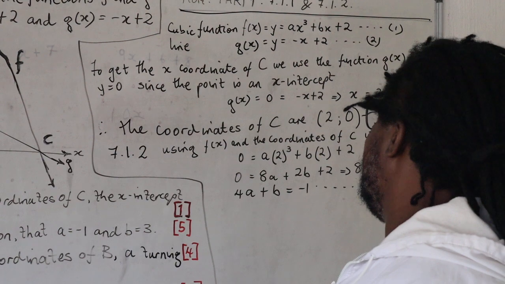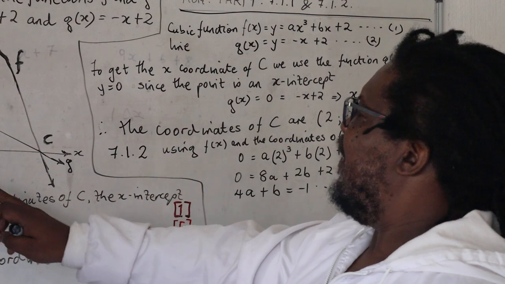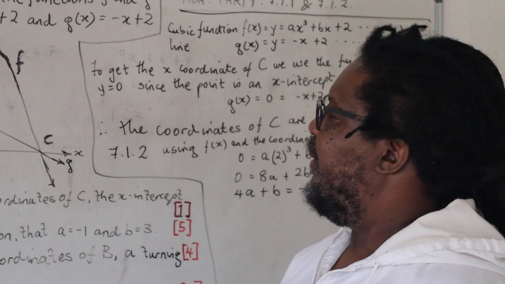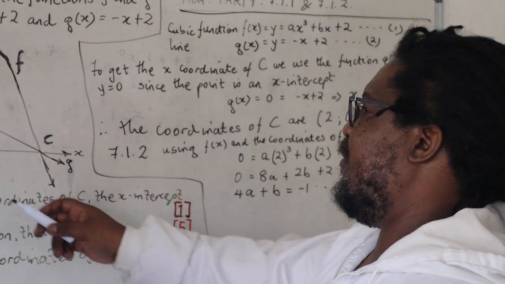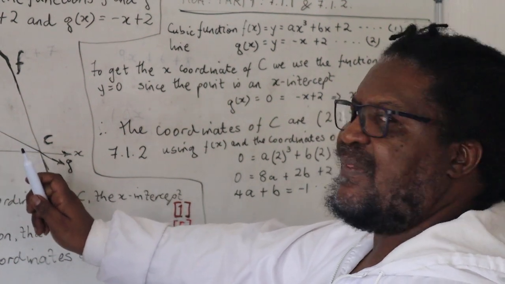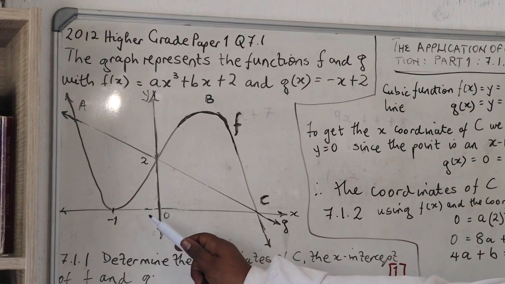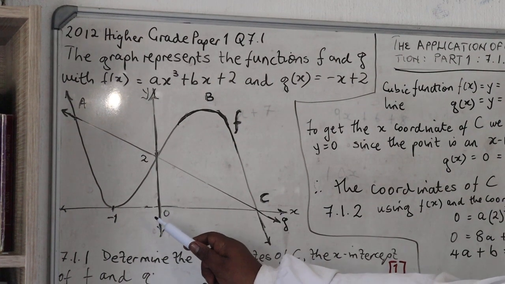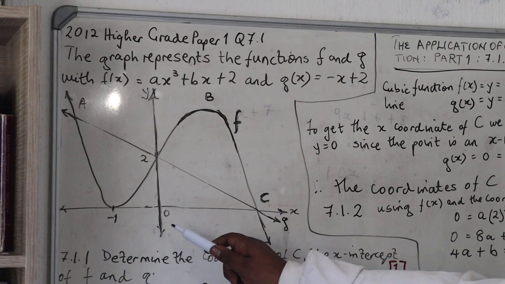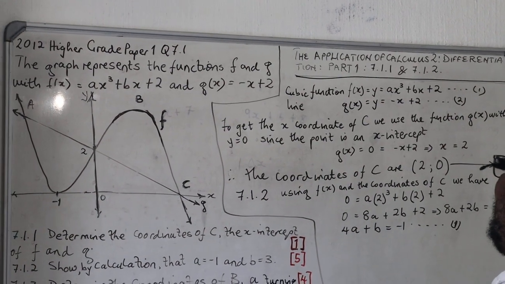And then if you look at the point -1, it is a repeated root, and at that point we know that y is equal to 0, so its coordinates are -1 and 0. We use that on equation 1.